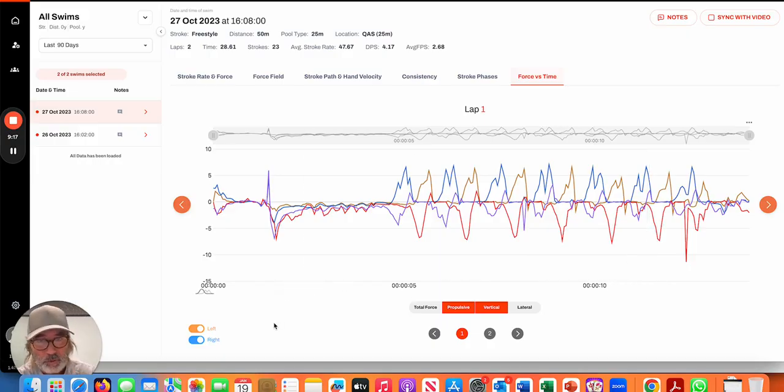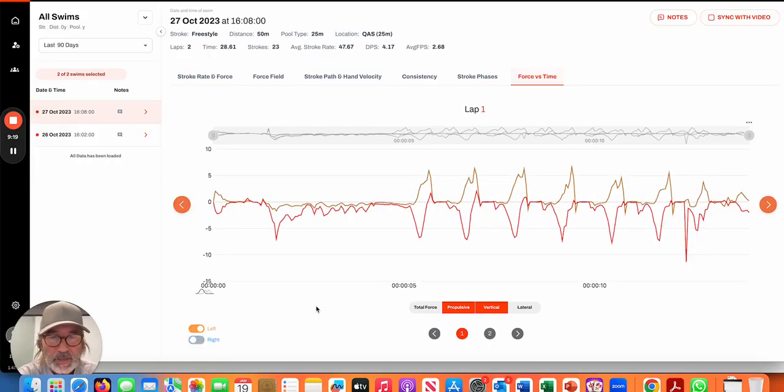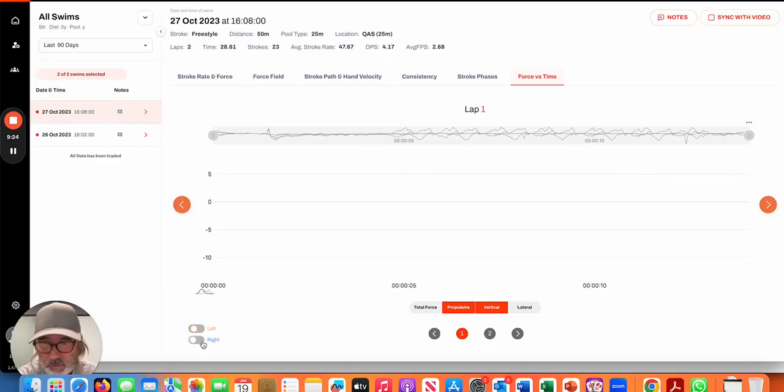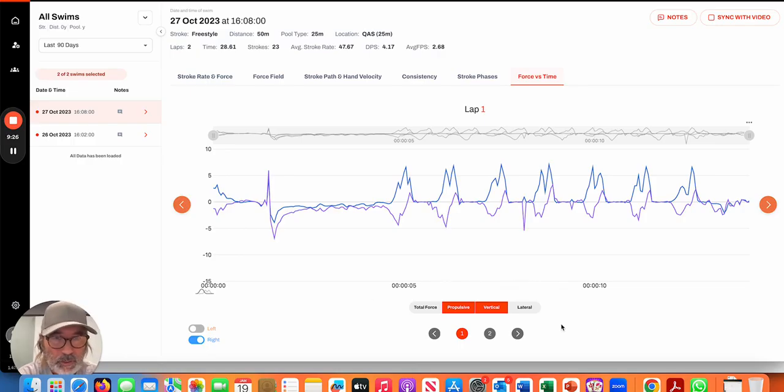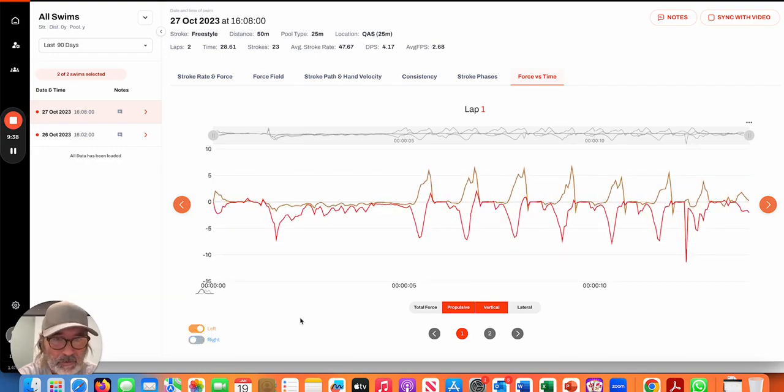So what we're looking for here is, and in fact we'll do the right first of all, and we'll show what really good looks like. So really good looks like a lot of propulsion in that stroke and only a little bit of downward, there, and there, versus the left hand, where you can see the amount of downward force that he's generating is equal to or sometimes exceeding his peak propulsion.